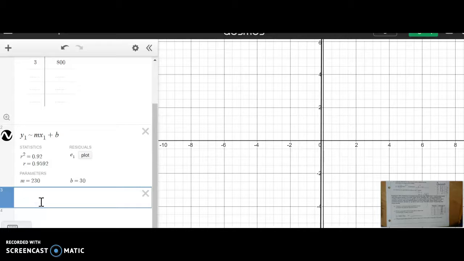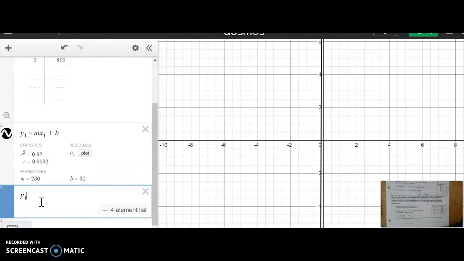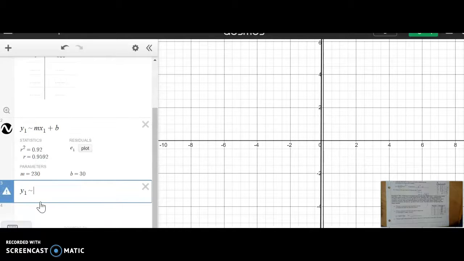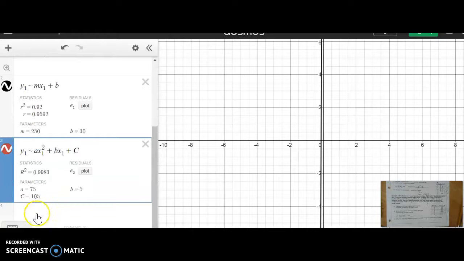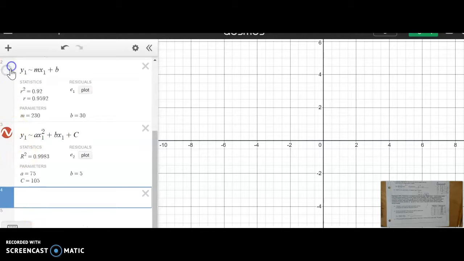Pretty close, not good enough for us. y1 regression, ax1 squared plus bx1 plus c, 0.9983, that's even better. So I would take out linear. We're going to keep quadratic. We know it's not quadratic because we already checked second differences.